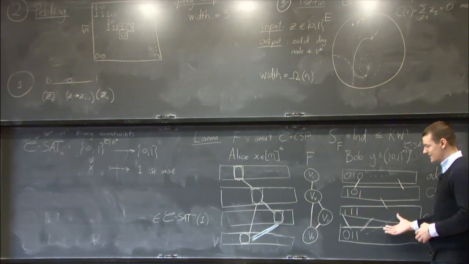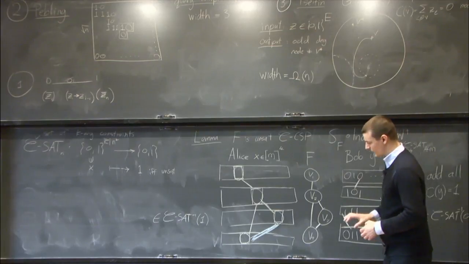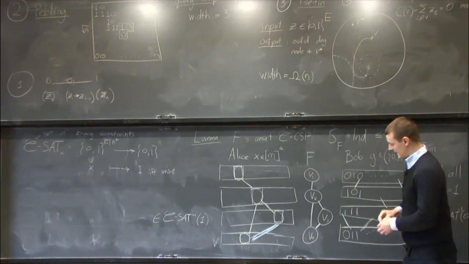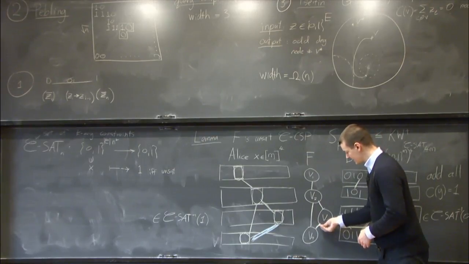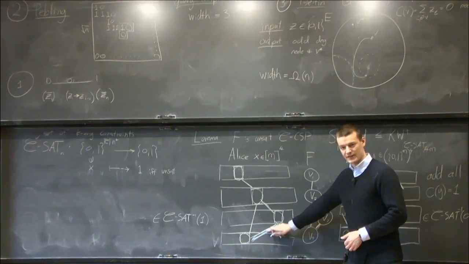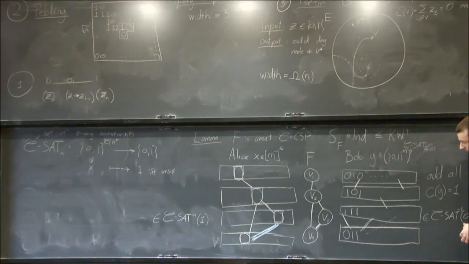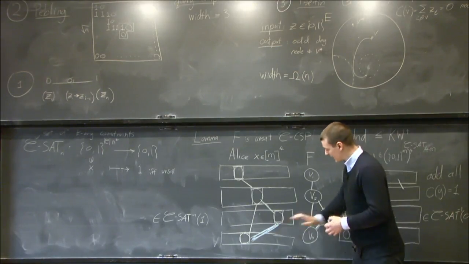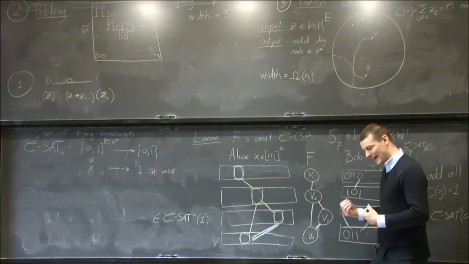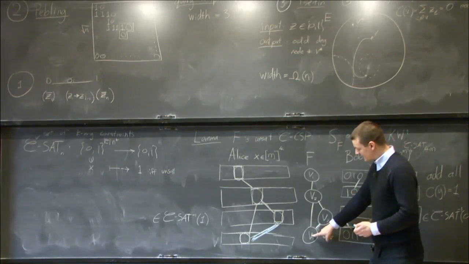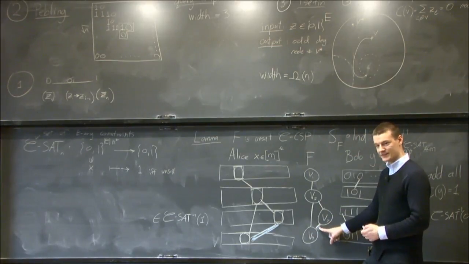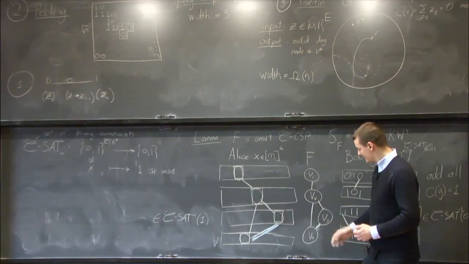But I claim that in this case, we have found a solution to the composed search problem. Namely, it's this constraint, the constraint that gave rise to Alice's particular one here. And it's simple to check. So I claim this is a solution. The gadget outputs give values to this variable and this variable that don't satisfy this constraint. Why is that?